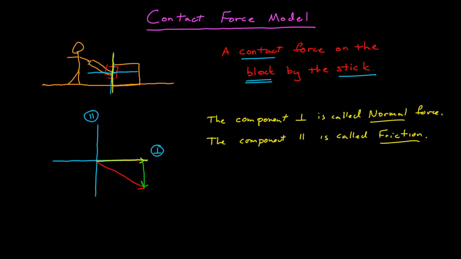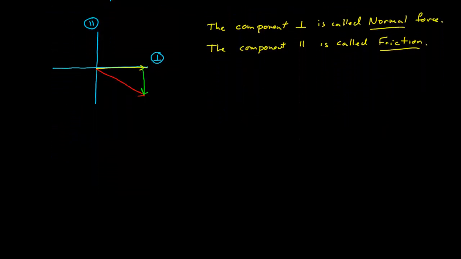And so now I'm going to come up with a model for each of them. First, let's develop a normal force model. We often give the normal force a label N, and it's a vector.